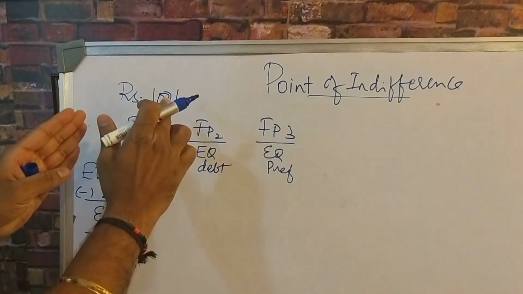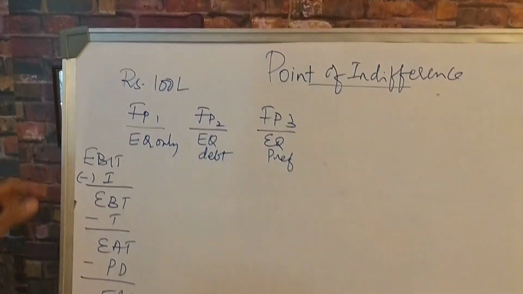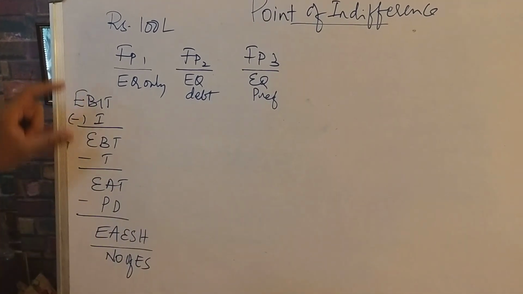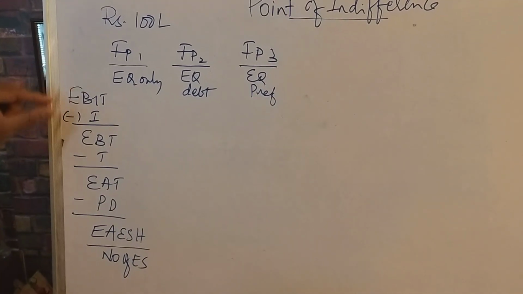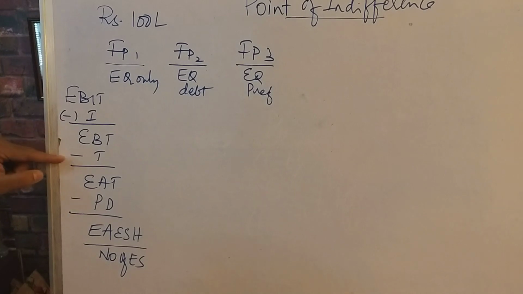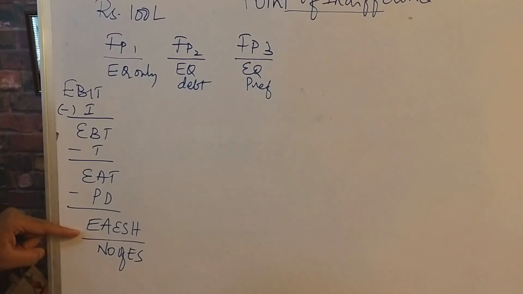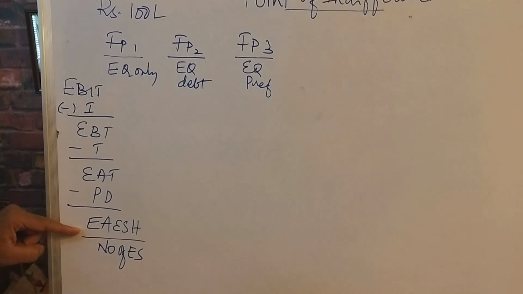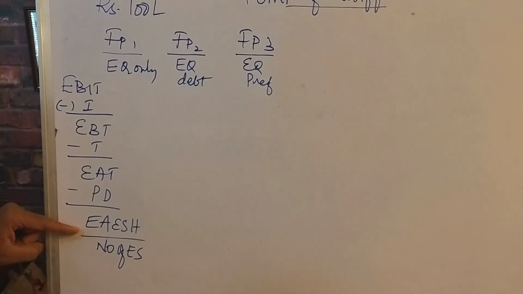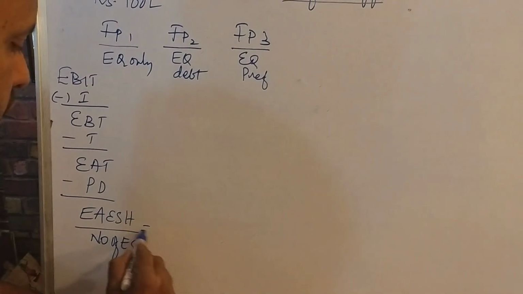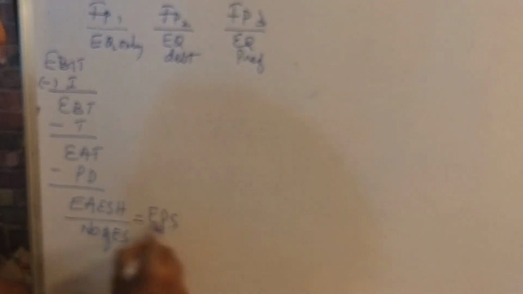100 lakhs is the requirement. There are three financial options available. Now you try to do this simple equation. EBIT minus interest is EBT, minus taxes is EAT, minus preference dividends is earnings available for equity shareholders. EAESH stands for earnings available for equity shareholders, and that divided by the number of equity shares is going to give me the EPS.